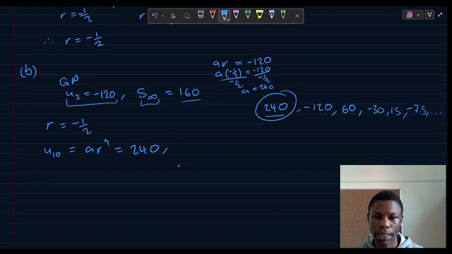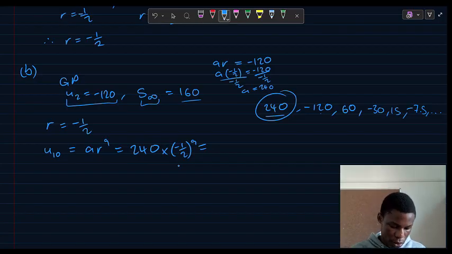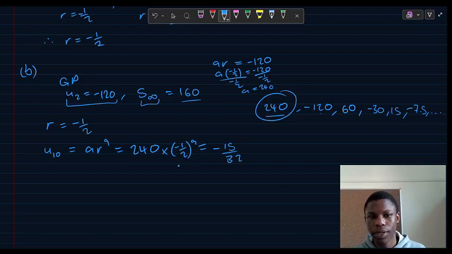So 240 times our r, which is -1/2, raised to the power 9. So 240 times -1/2, and this is to the power 9, that gives us -15/32.